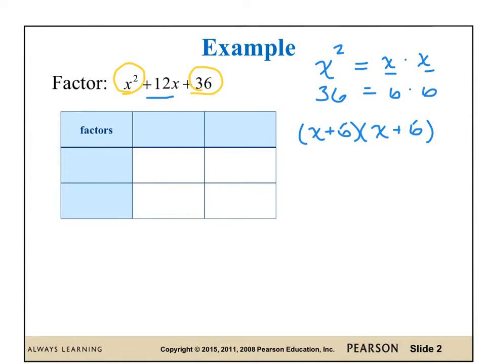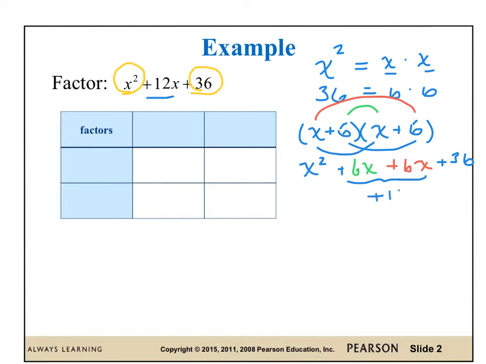And so x plus 6 times x plus 6 is in fact x squared plus 6x plus 6x, and then of course 6 times 6 is 36. And it is those two in the middle that give us the positive 12x.